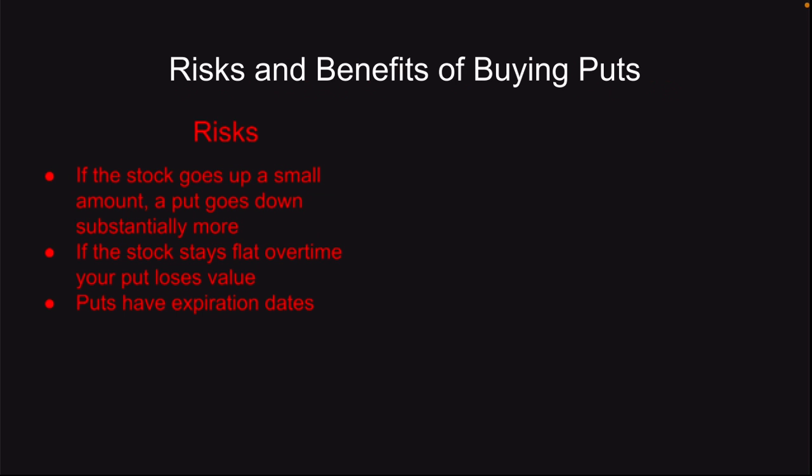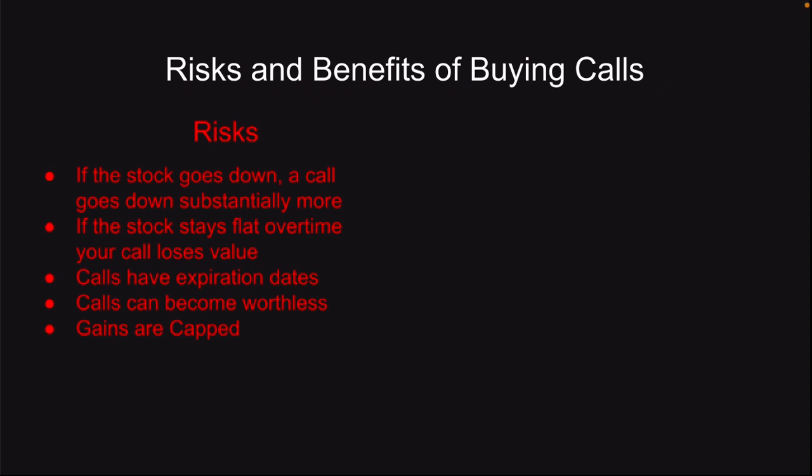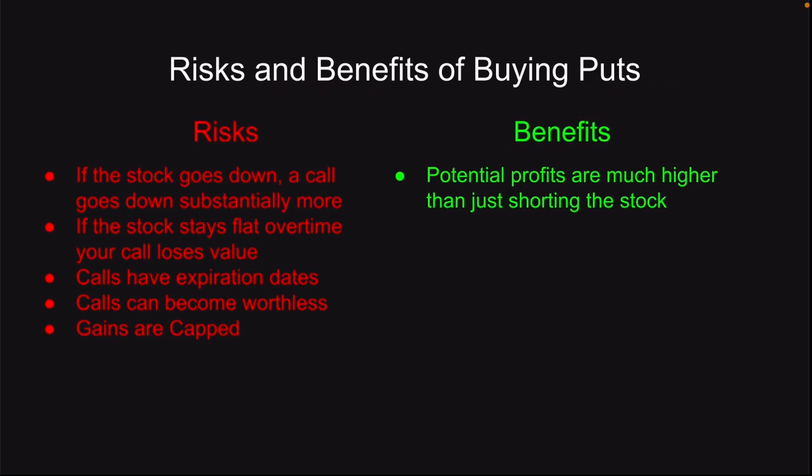Puts, like calls, have expiration dates. Also, your gains are capped, as you can never make more than whatever the stock is if it goes to zero. Some potential benefits are profits are much higher than just shorting the stock, because you are working with 100 shares.